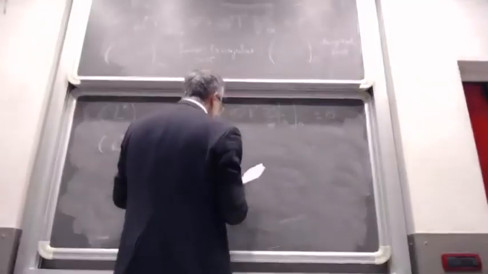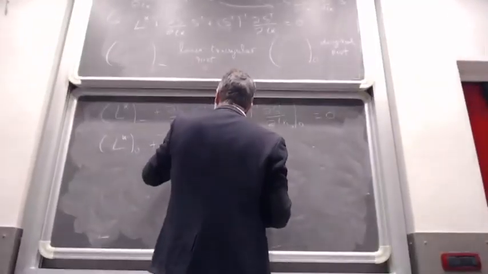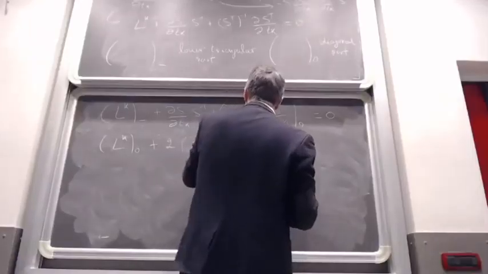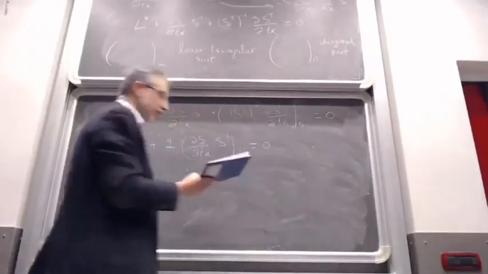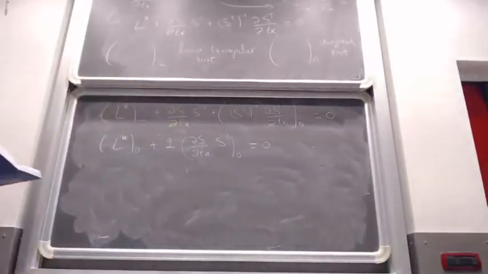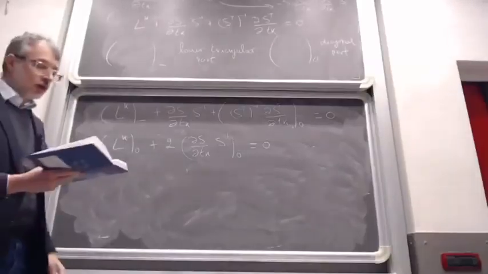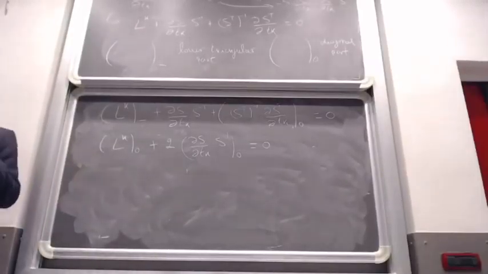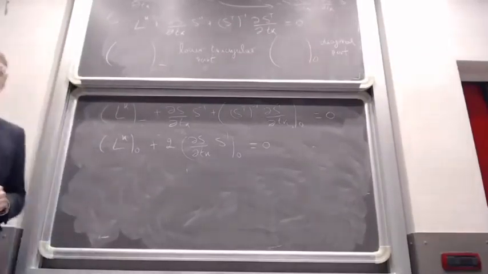So then we can just write 2 times ds by dtk times s to the minus 1, 0, equal to 0. Okay, and at this point, we consider the lower triangular and the diagonal part.